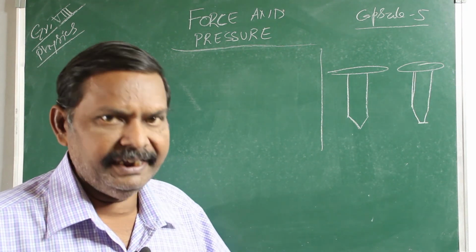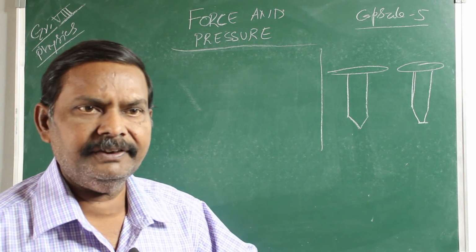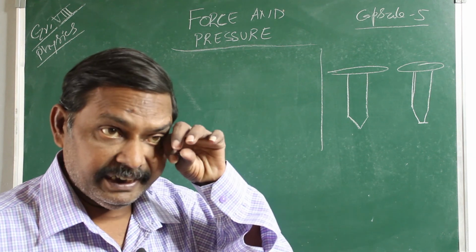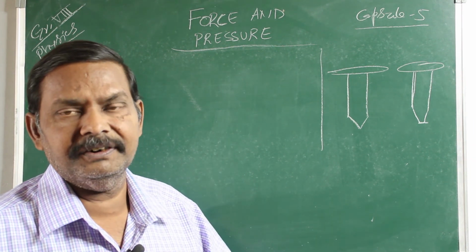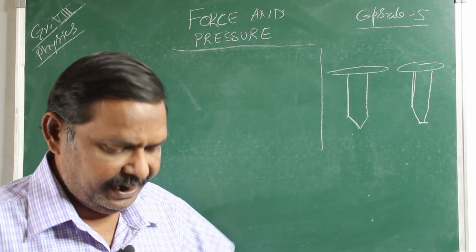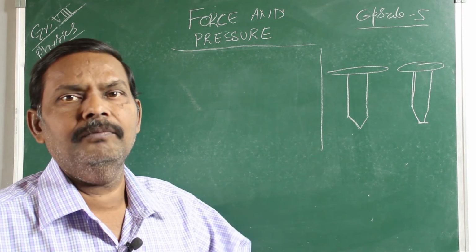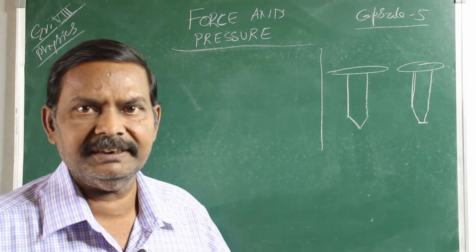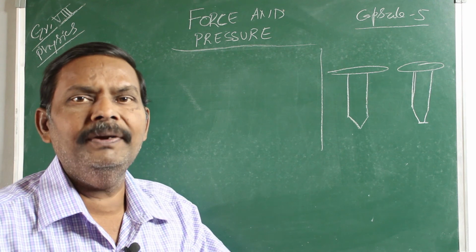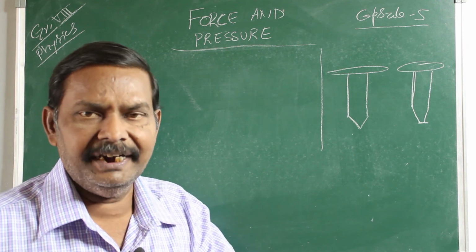Suppose a person is standing on a surface, sitting on a surface, or sleeping on a surface, three postures. In which case can the person apply more pressure on the surface? The answer is very simple. In the standing posture, he can apply more pressure because the area of cross section is less. Whenever he is sitting, the area of cross section will be a bit more than in the standing posture.